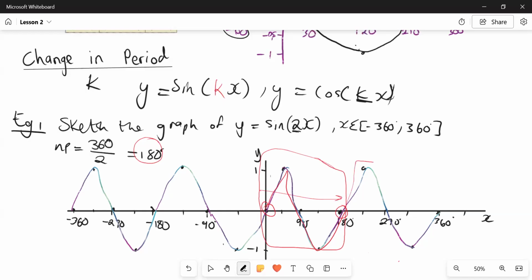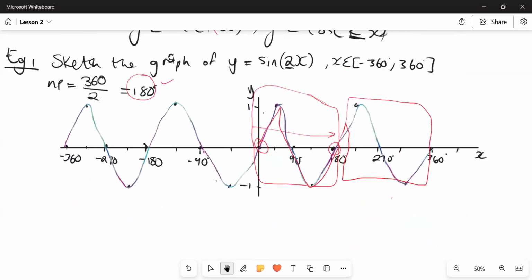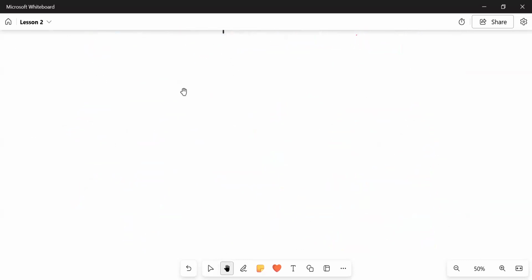Again, here, you get another complete cycle. So every 180, there's a complete cycle, just like that. I believe we understand how k affected the period of the graph, right? Let's try and draw another graph.